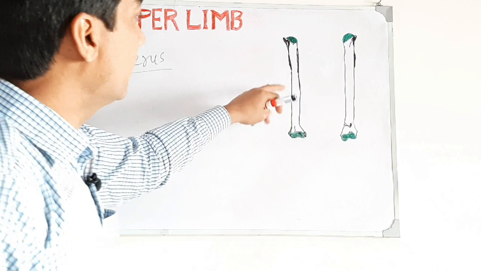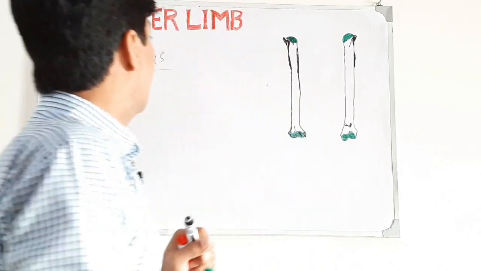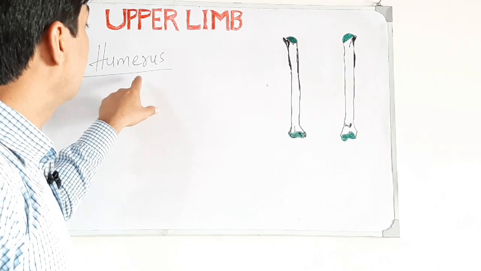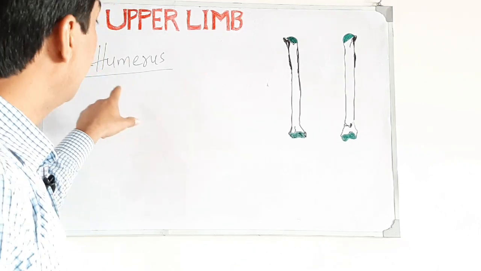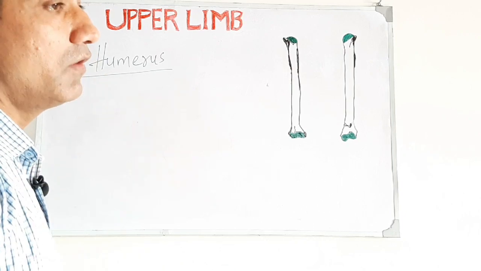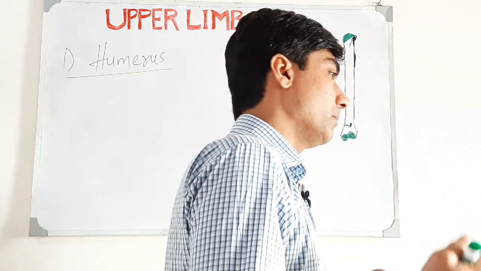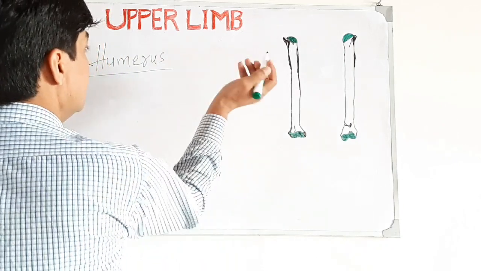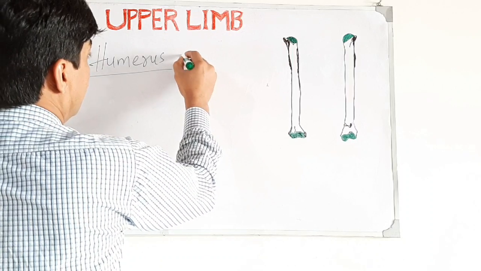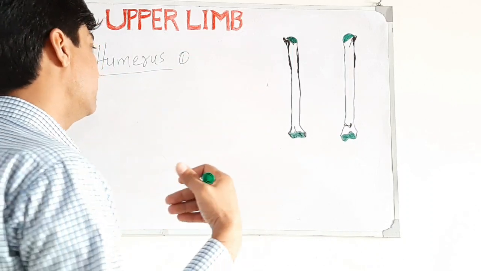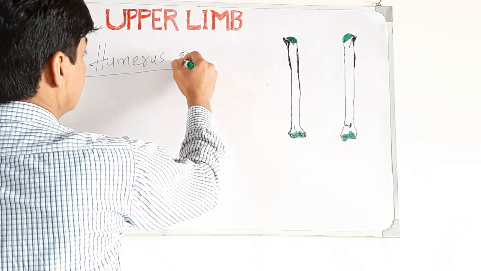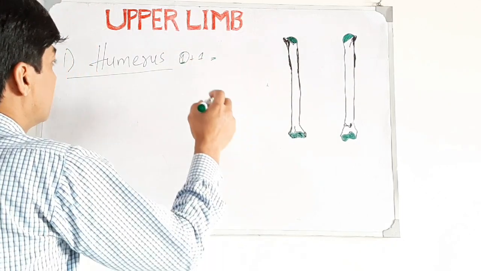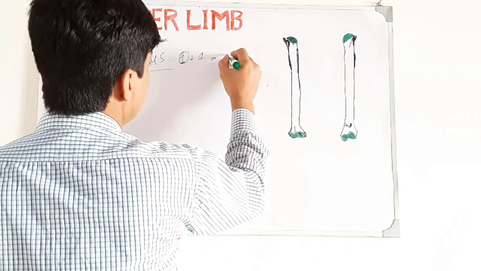It has a shaft and condyles. It belongs to the region of the brachium, which is the arm, and it is a single bone and two in number, one left and one right. In the skeleton, there are two humeri.